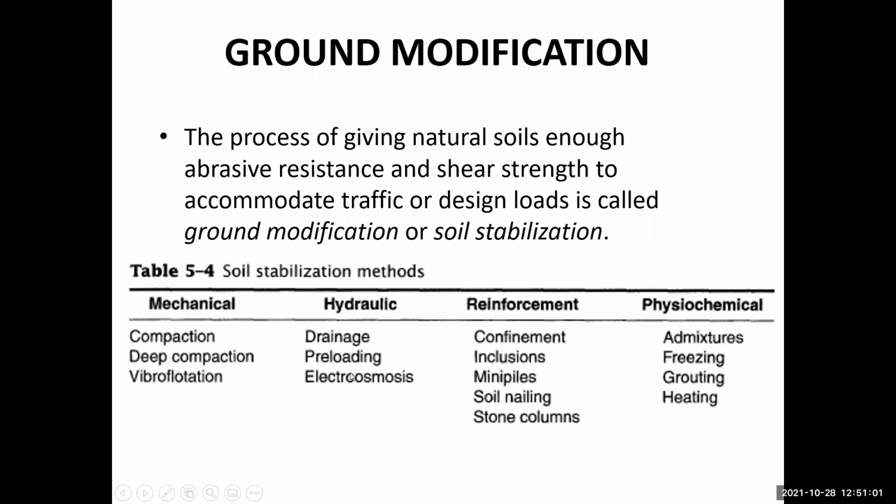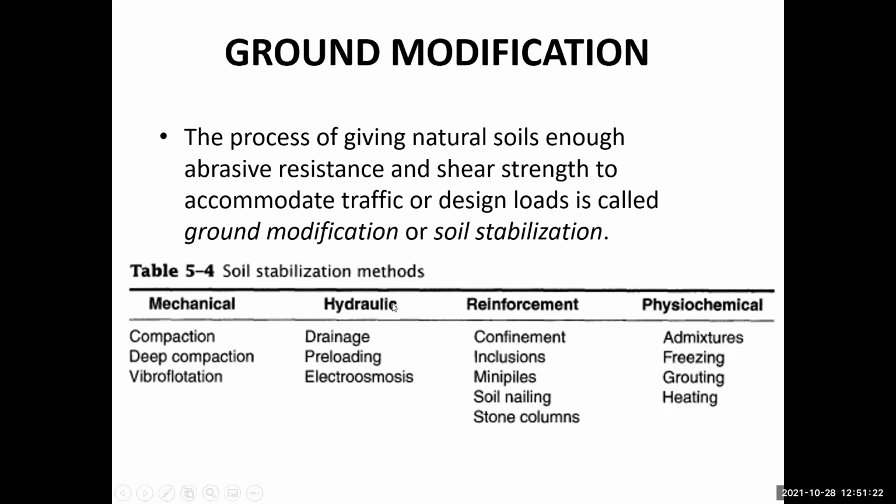In the mechanical, we have the compaction method, deep compaction method, vibroflotation. Compaction, which we just described before, in a broader sense is one of the methods which we can classify into the ground modifications.